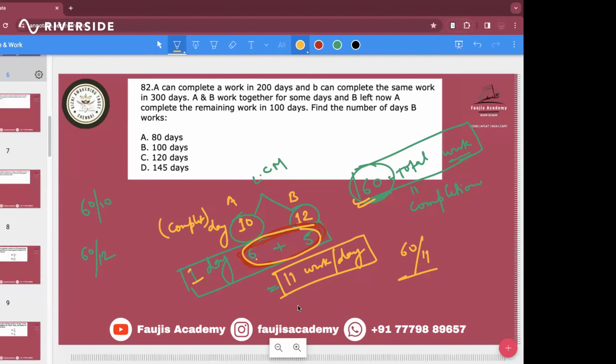How many days will it take to clock the total distance of 100 kilometers? This is nothing but 100 by 5. So which means total work divided by your one day work. Got it, James? Yes, got it, sir. Thank you so much.